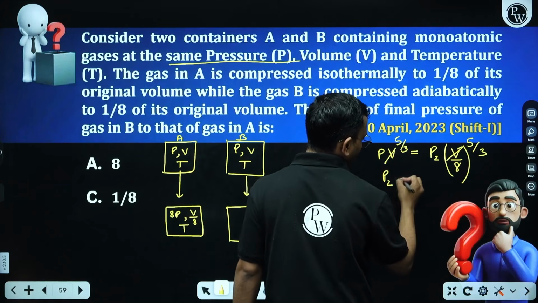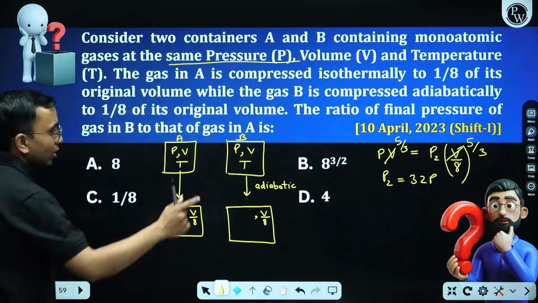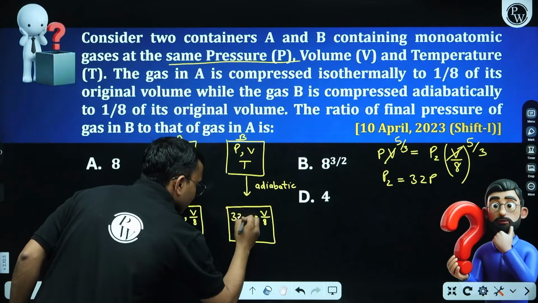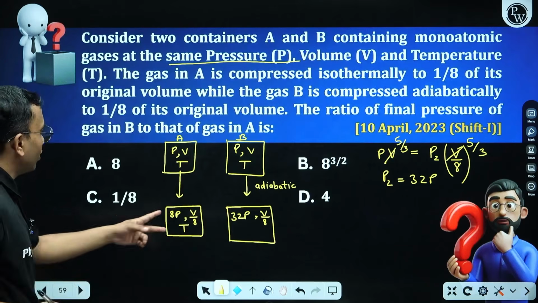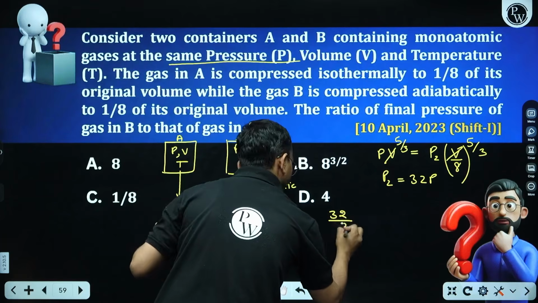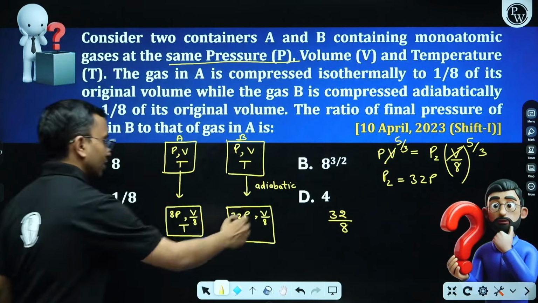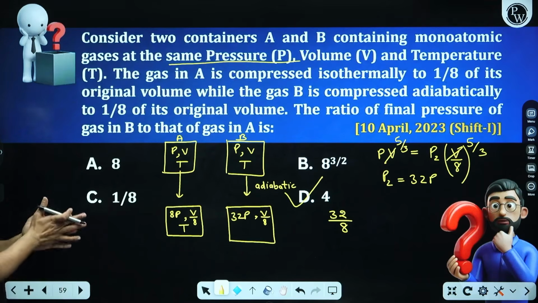P2 comes out to be 32 times P, since 8 to the power 5/3 is 32. So P2 is 32P. So the ratio of final pressures of B to that of A is 32 divided by 8, so that is 4. Option D.